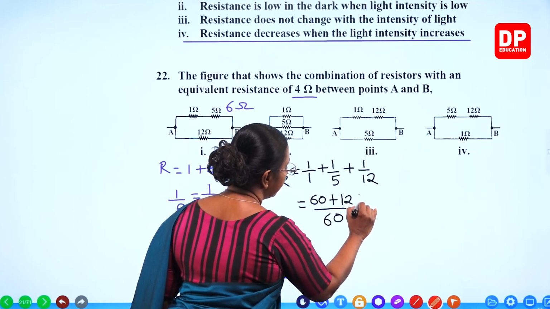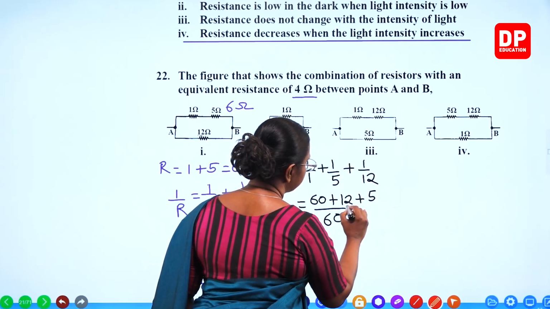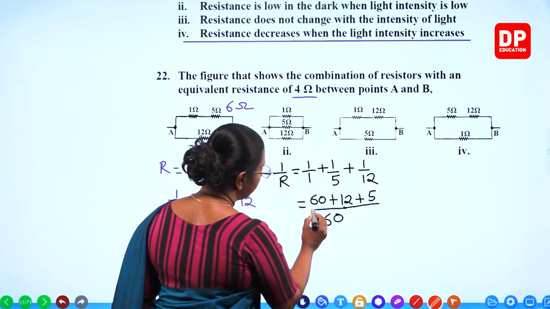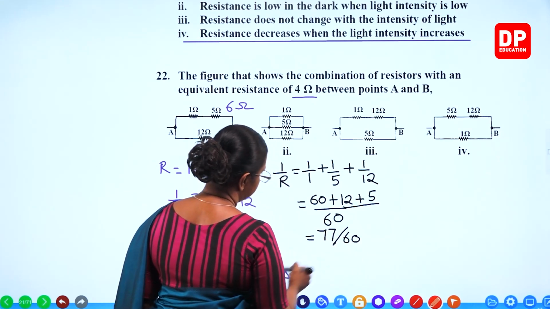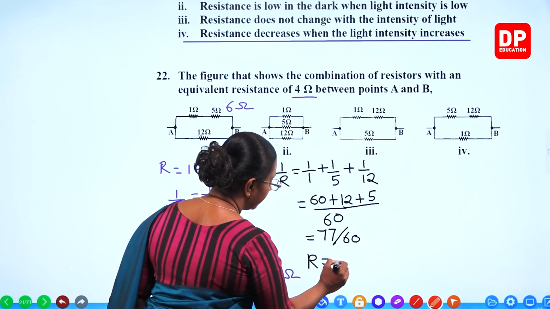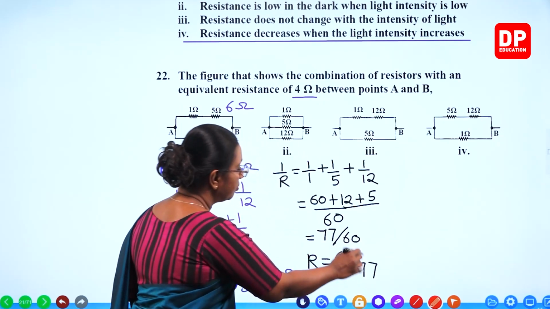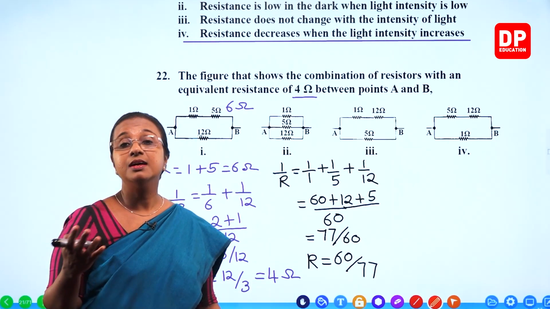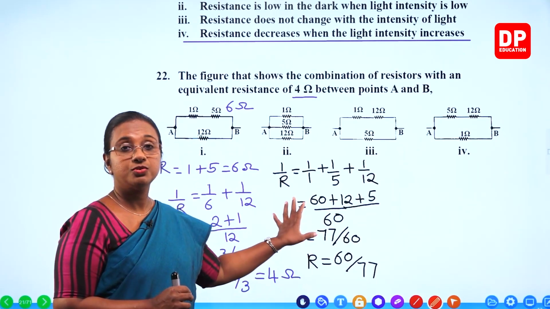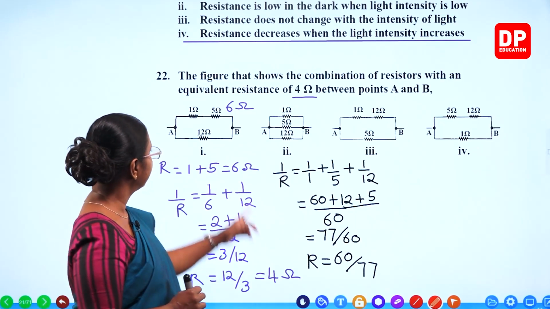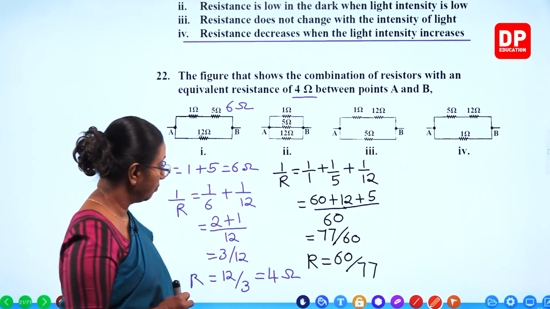So it is 60 plus 12 plus 5, which is 77 over 60. Then R is equal to 60 over 77. You know it is less than 1. So that circuit does not have an equivalent resistance of 4 ohms.